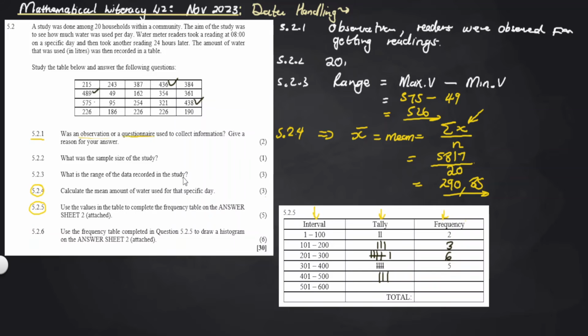Then 501 to 600. I think it's only this one, 575. So it's 1. Then it's 3, then it's 1.